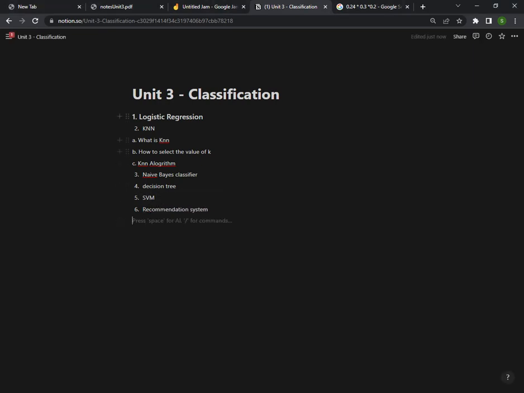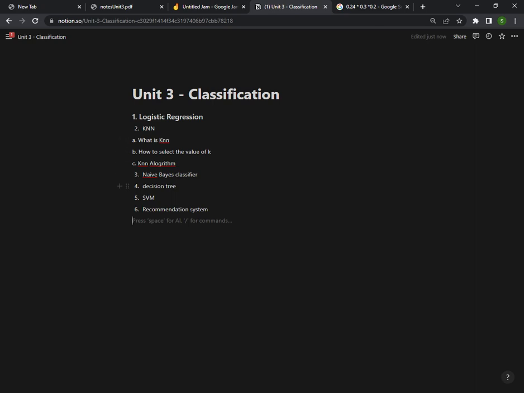Okay, so we have seen logistic regression in this unit, and we have seen k-nearest neighbor, in which we use a certain formula to find the distance, and according to that distance we classify the new data point into the category that is nearest to the data point.